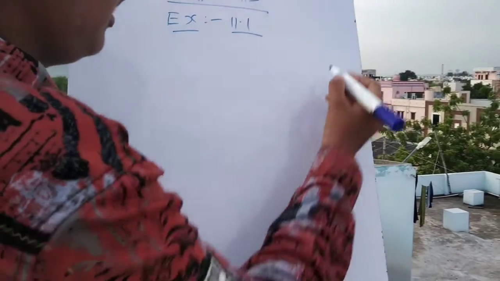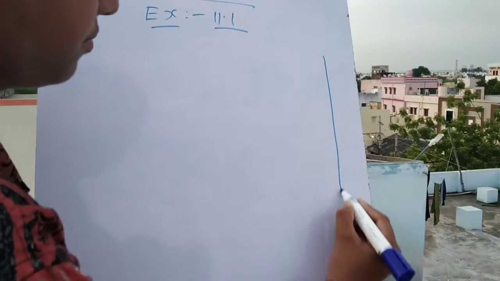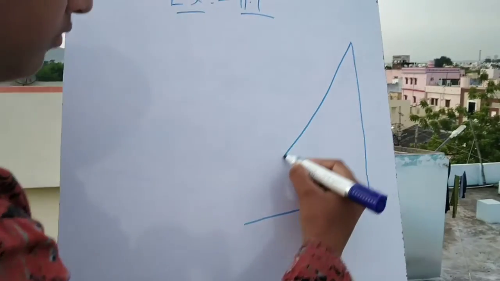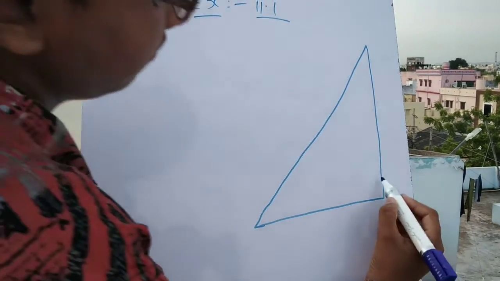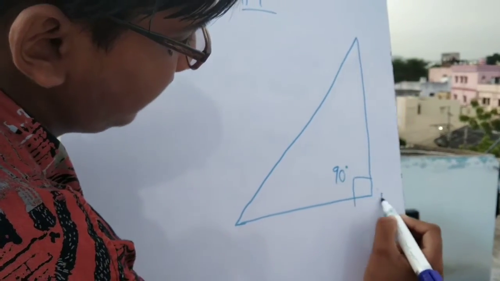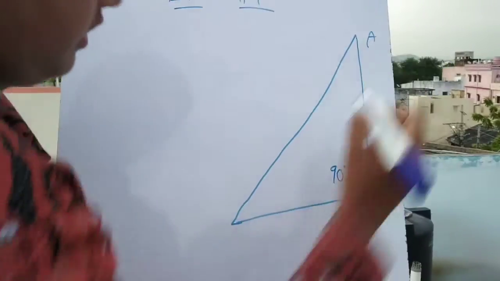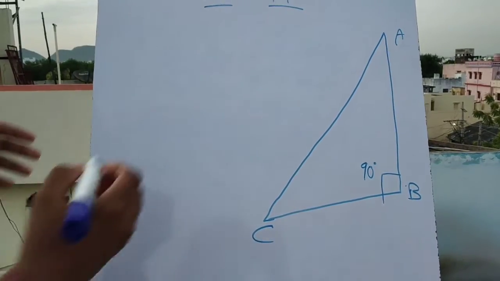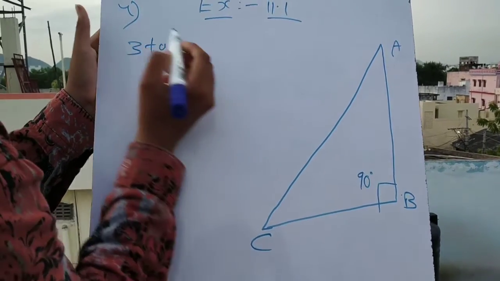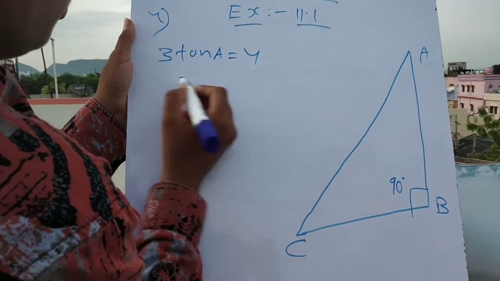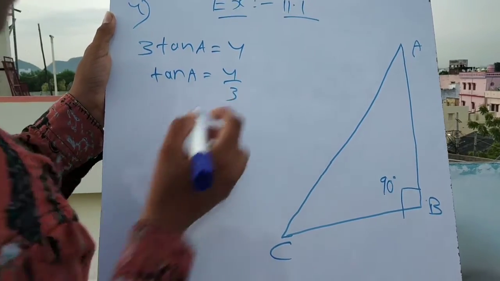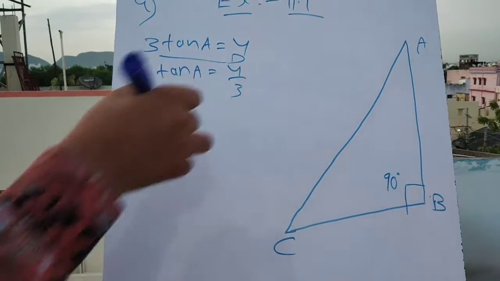So once again we need to draw a triangle ABC. This is 90 degrees at B. It is given that 3 tan A is equal to 4, so tan A is equal to 4 by 3, because this 3 comes here and it becomes 4 by 3.